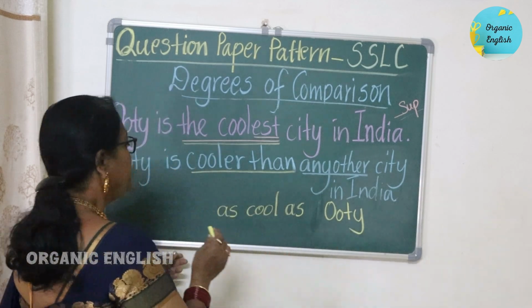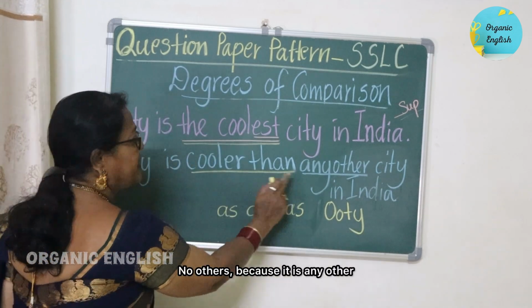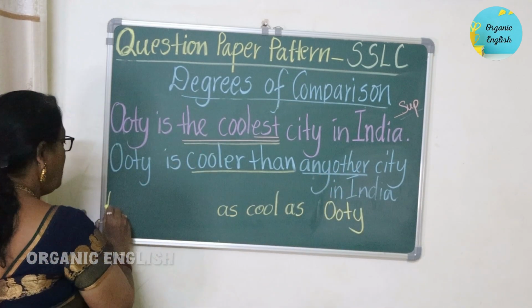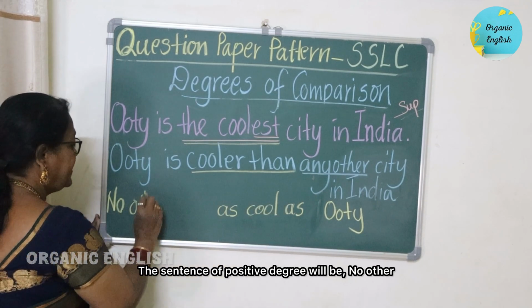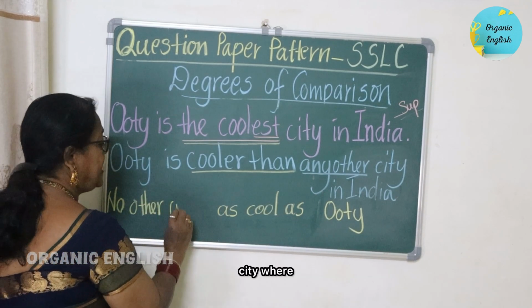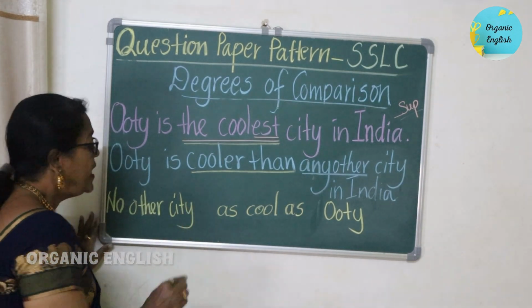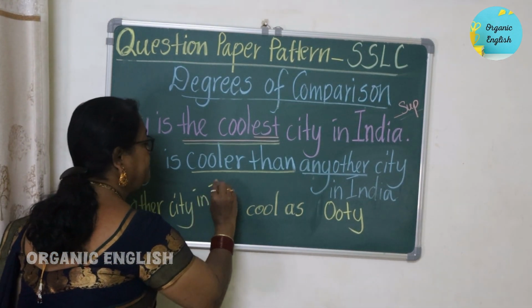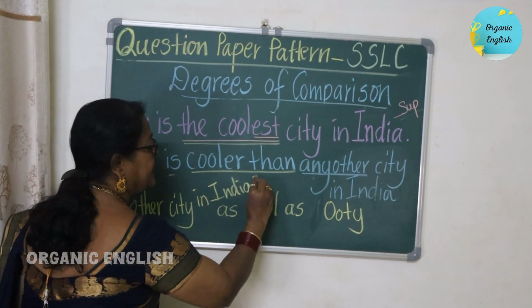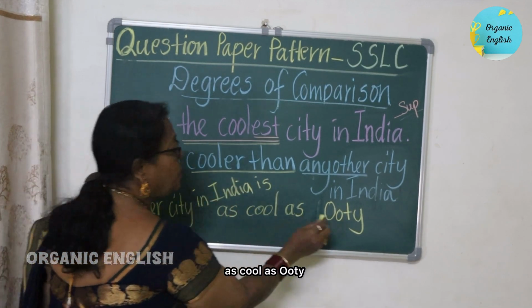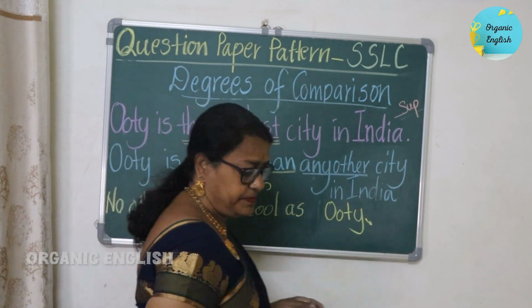Fine, let us see. No others, because it is any other. So the sentence of positive degree will be: No other city in India is as cool as Ooty.